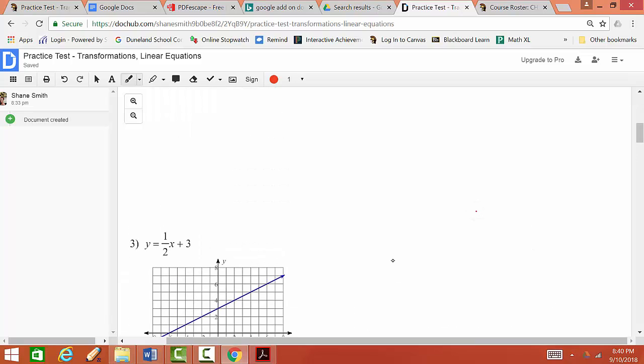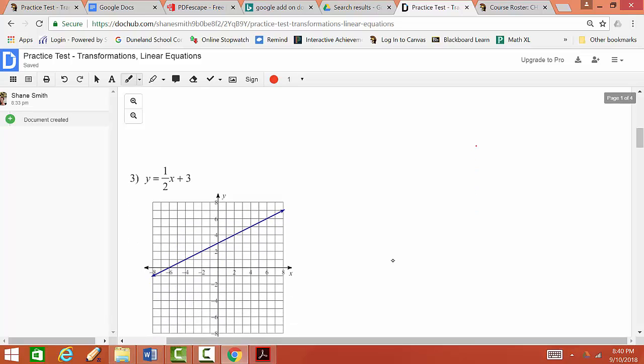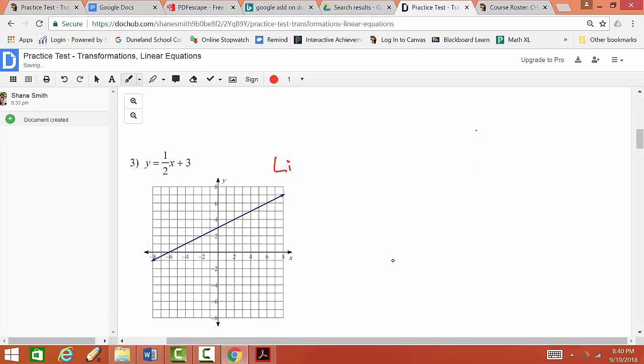Okay, let's try this next one. This next one is just a linear equation. And because of the plus 3, vertical shift up 3. And it looks like a vertical shrink because you're multiplying by 1/2.